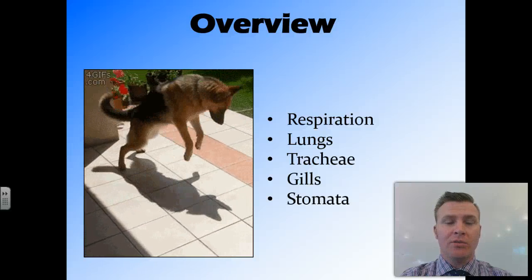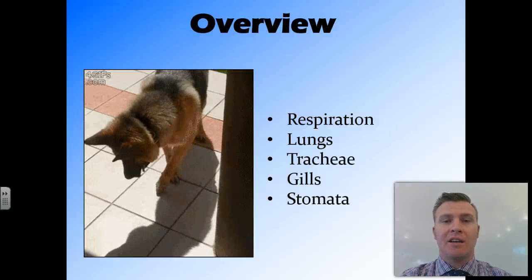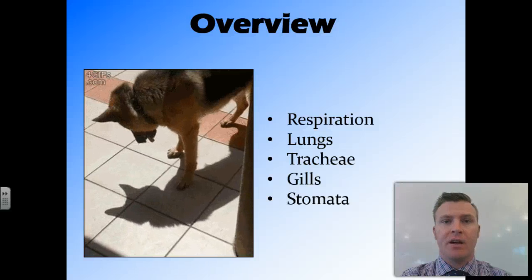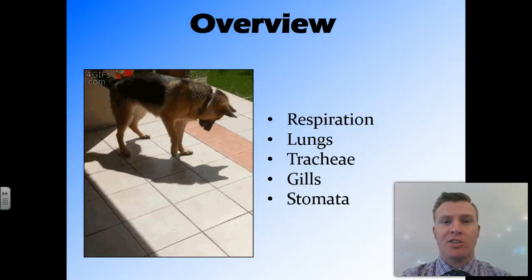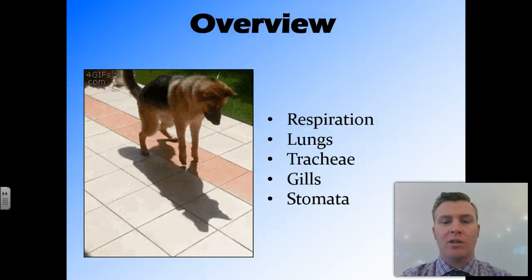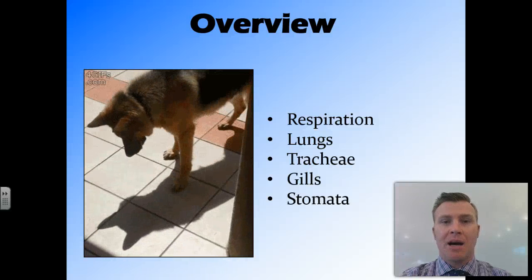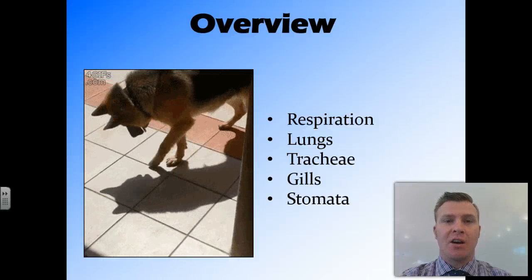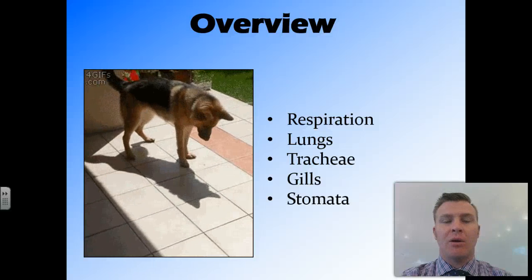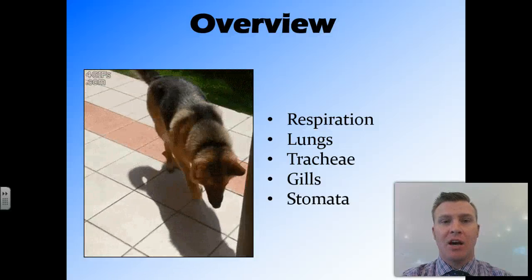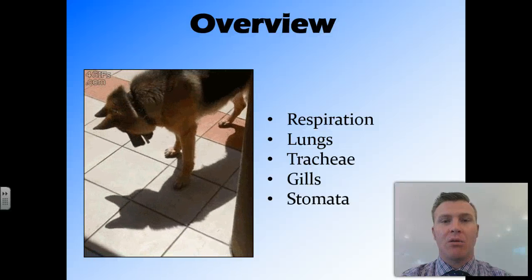We've looked at gills, which are found in fish and allow the fish to take the dissolved oxygen out of the water. And we've looked at stomata, which are holes on the underside of leaves, which allow plants to take carbon dioxide from the air and expel the oxygen.